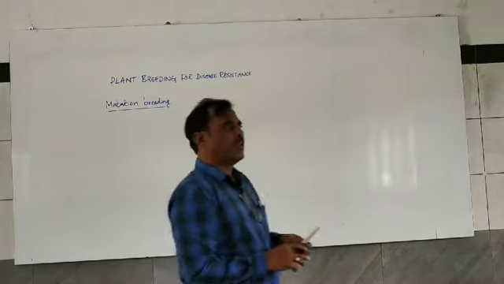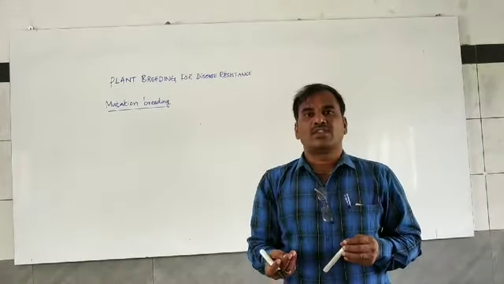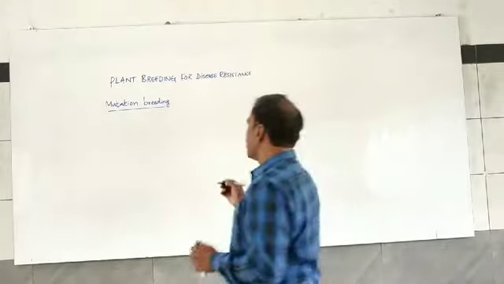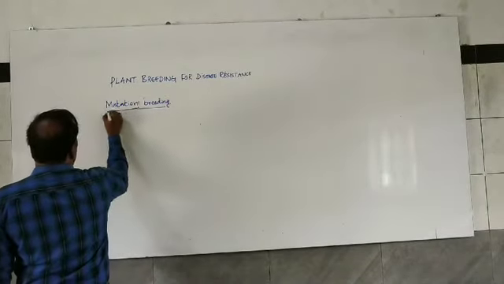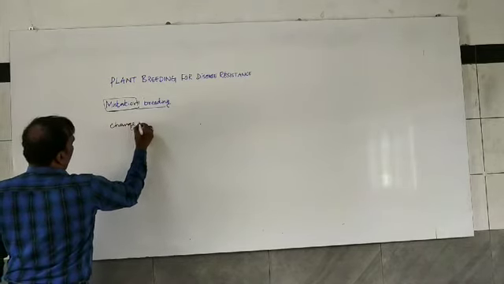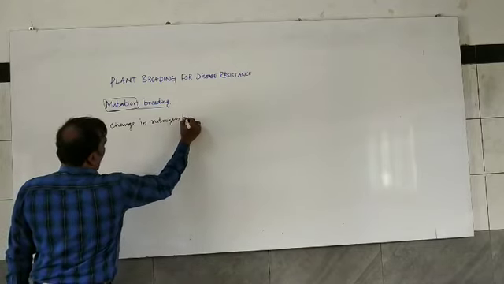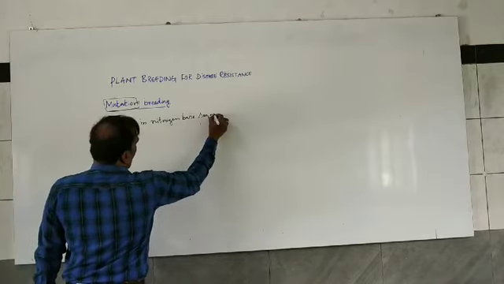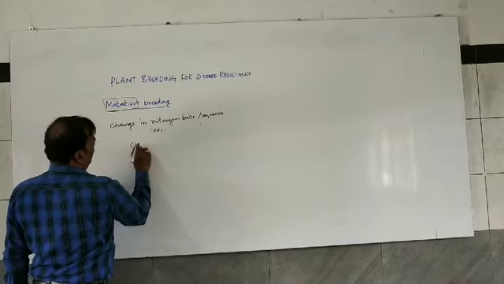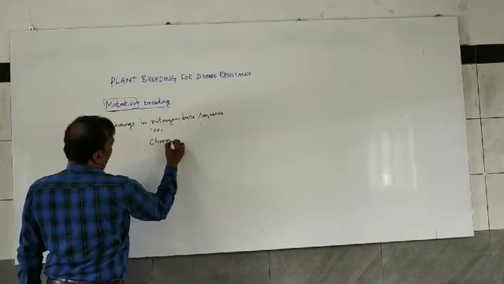Here, what is the meaning of mutation? Mutation means change in the gene, that is, change in the nitrogen base sequence of the gene, or change in the chromosomal number.